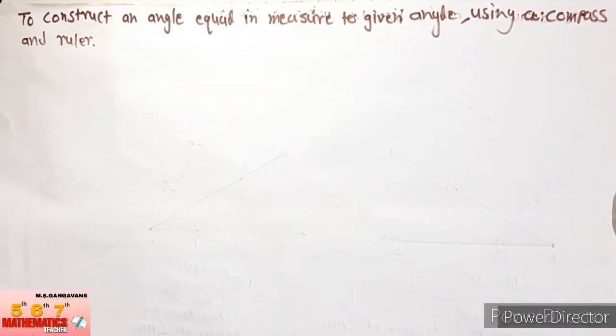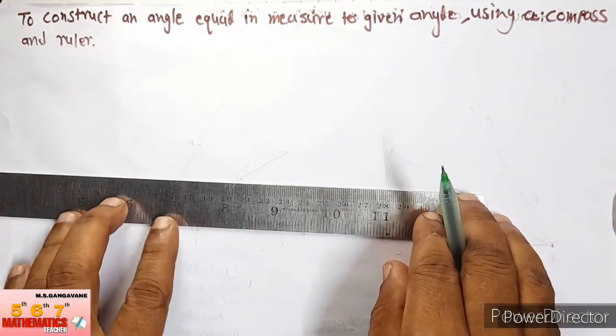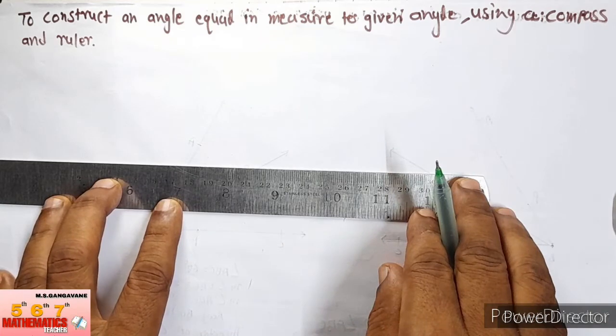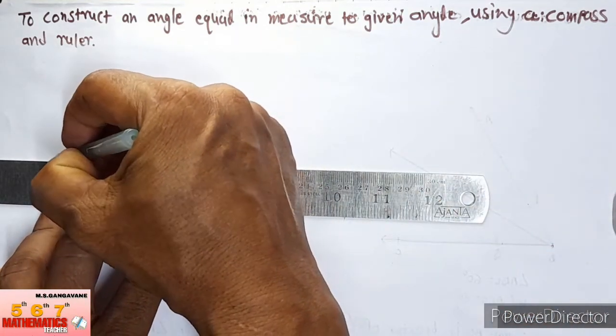Now we learn the next part: to construct an angle equal in measure to a given angle using a compass and ruler. It means they are given any angle.